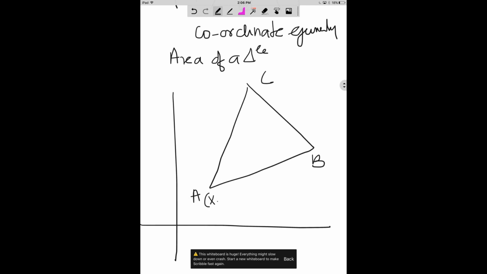Let A be the point (x1, y1), and B (x2, y2), and C (x3, y3). Then after this, draw perpendiculars from the vertices to the x-axis.